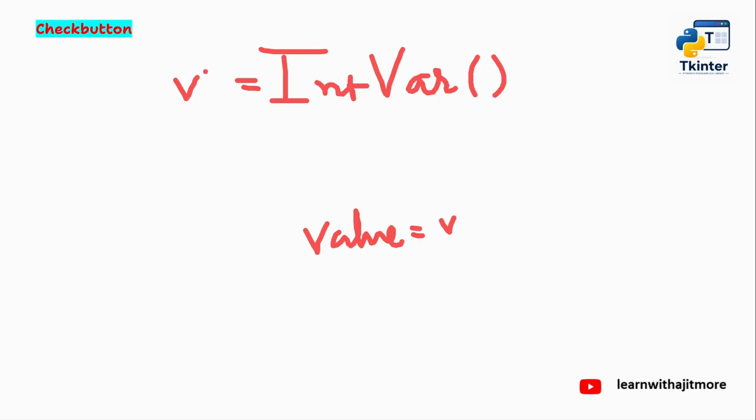And then what has come in it, you can check by v.get. Get is the method. So that get will return what is there in it. So if the checked value is there, you know the checkbox is checked. If there is an unchecked value, the checkbox is unchecked. Getting? So I'll tell you how they communicate.